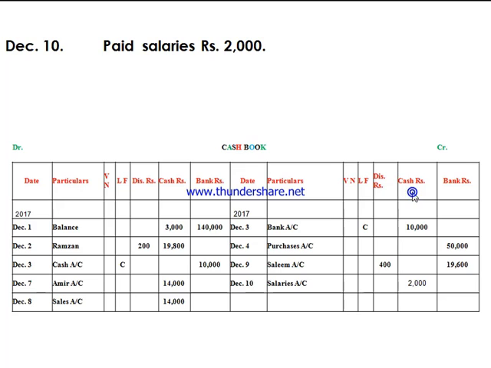And in the cash column, we paid rupees 2,000, so write down 2,000 in the cash column. Why did we pay this 2,000? Why is this 2,000 going out from the business? This is because we have paid salaries. So in the particulars, write down salaries or salaries account.